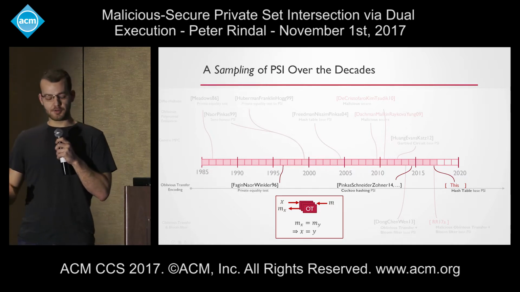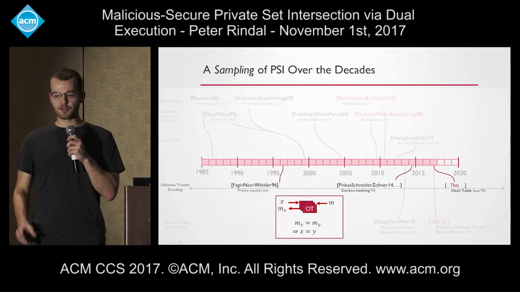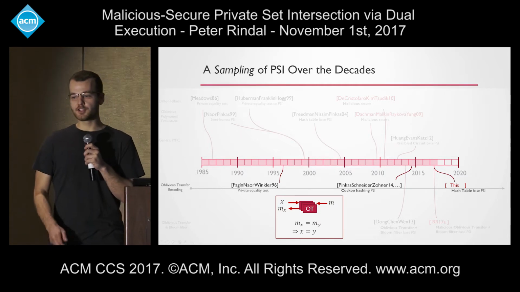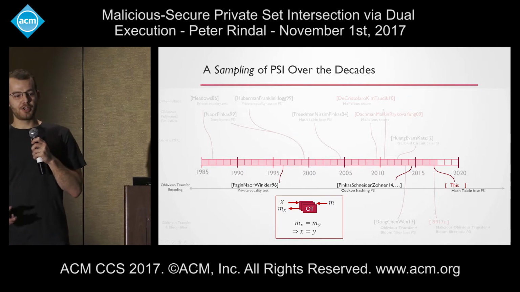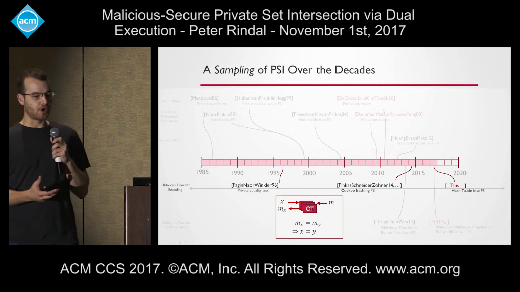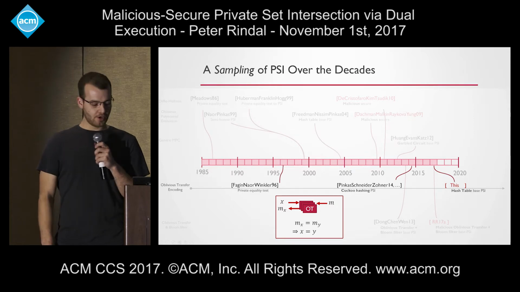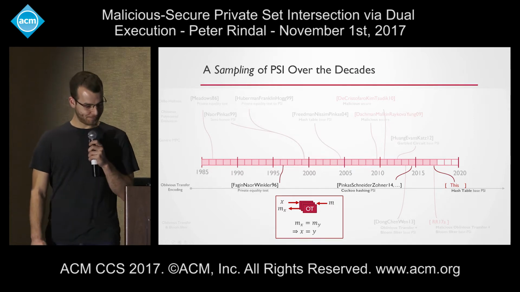Although there have been subsequent papers that improve some of the performance, this basic paradigm today is the fastest semi-honest private set intersection protocol. And so in this work that I'm presenting now, we show how you can bring this protocol, which is extremely fast in the semi-honest setting, to the malicious setting with only marginal overhead.